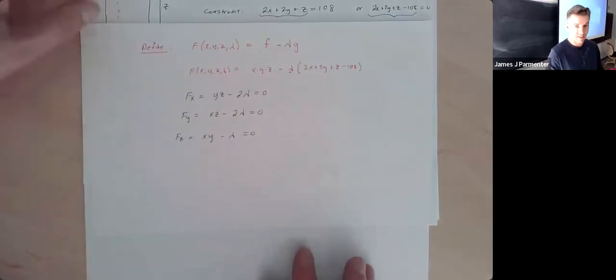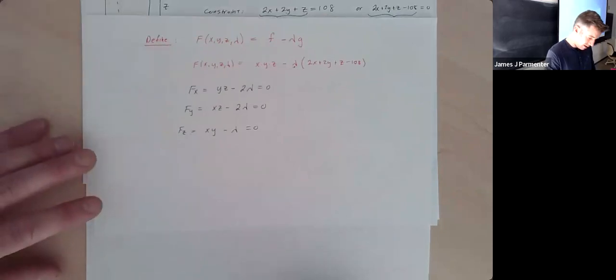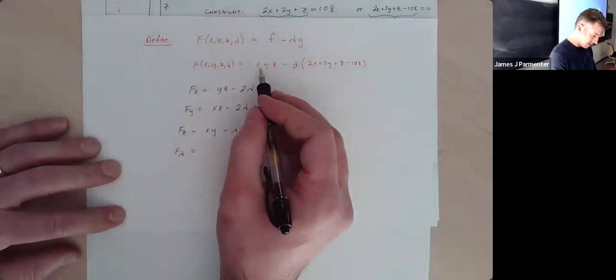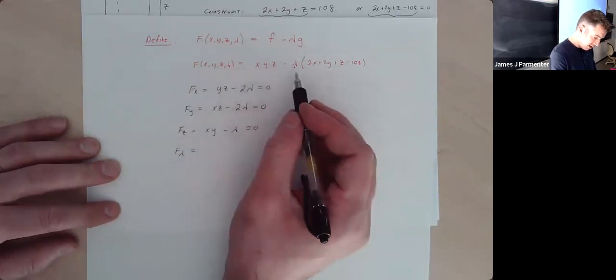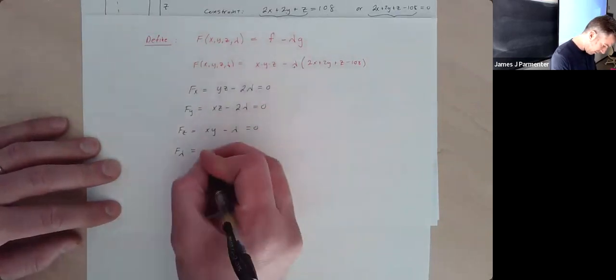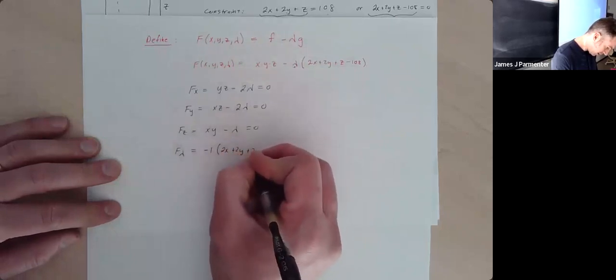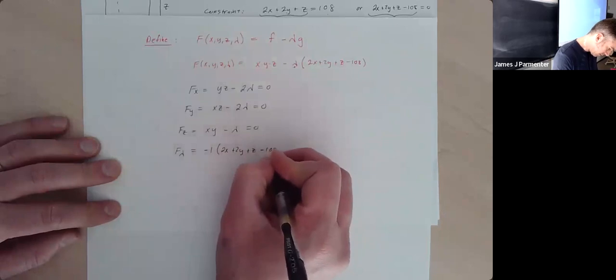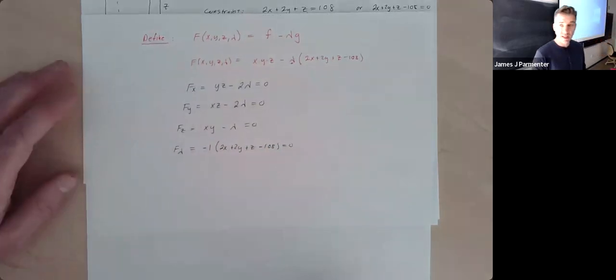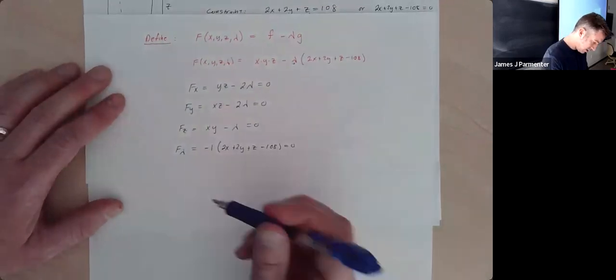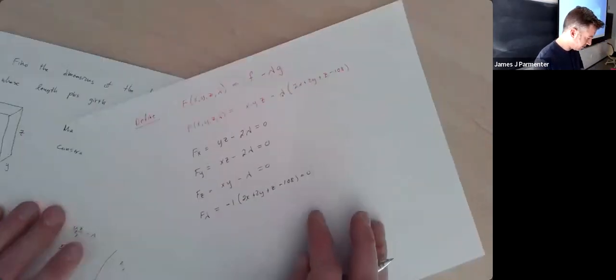And lastly, and this is the part that seems silly to me, and you'll see why in a minute, I'm going to find F lambda, which is going to be, well, let's see, the derivative of all this is 0 with respect to lambda, and the derivative of lambda is going to be a -1 times 2x plus 2y plus z minus 108 equal to 0. And the reason this is silly to me is because this is really just the constraint again.